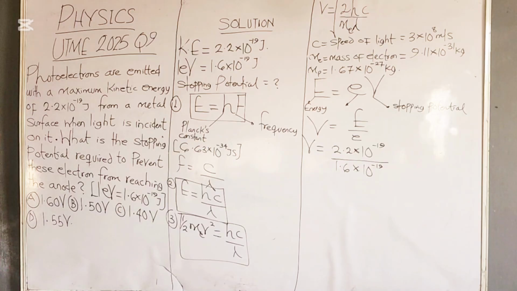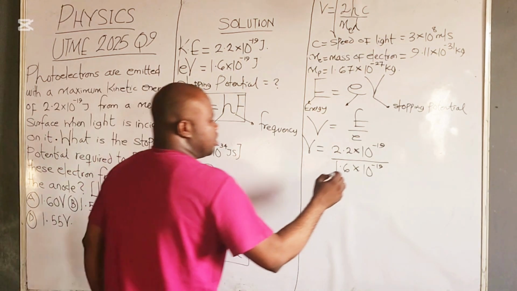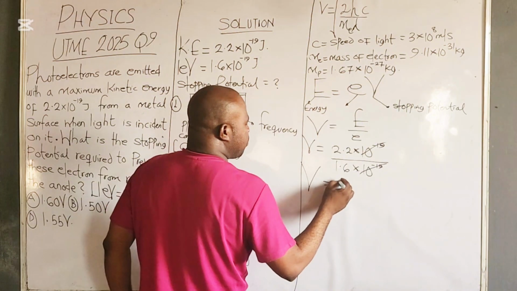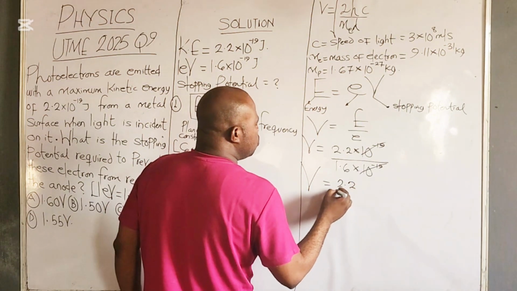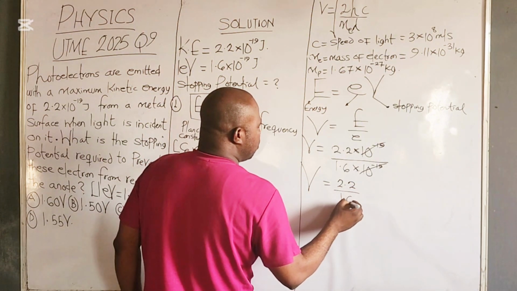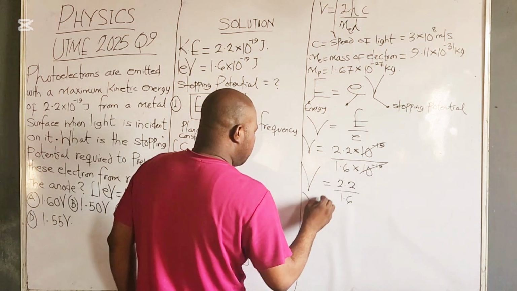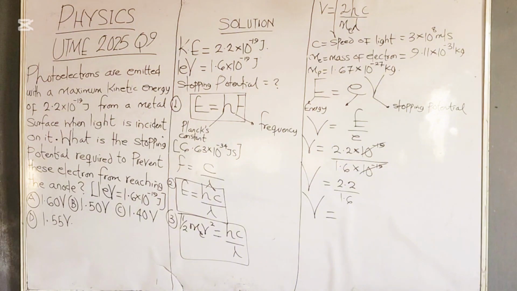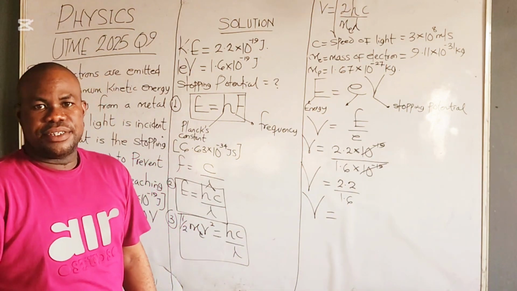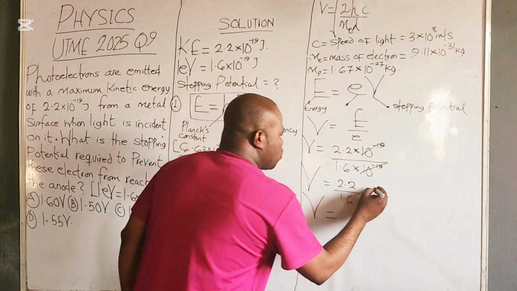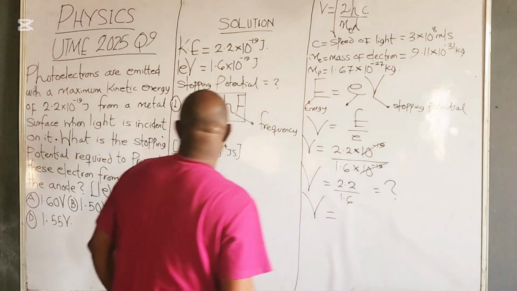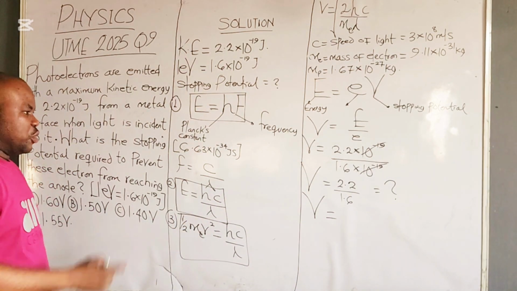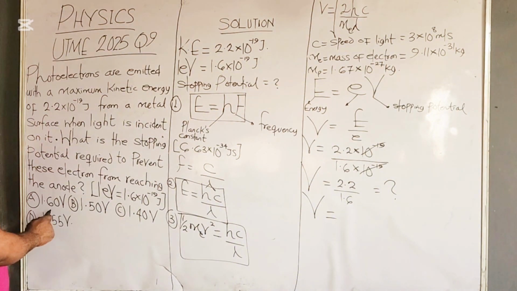If we divide, our stopping potential V will be 2.2 divided by 1.6. That is our final answer. Calculate it and tell us what the right answer will be in the options, to show that you are participating.